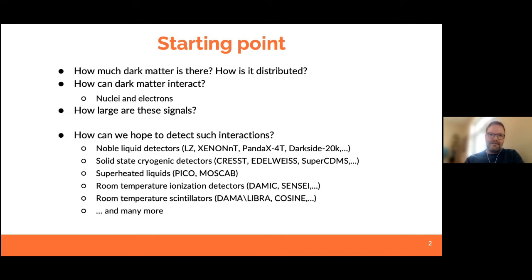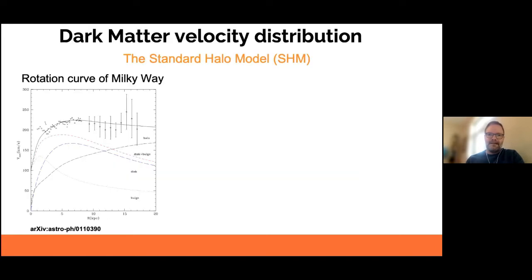Okay, so let's move on. What do we know about dark matter in our galaxy or in our environment? We have measured the rotation curve of the Milky Way, which is shown here. And what one then does is use the standard halo model to get the velocity distribution of dark matter.